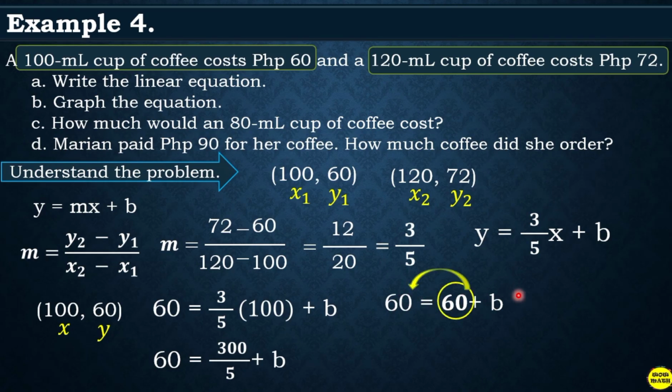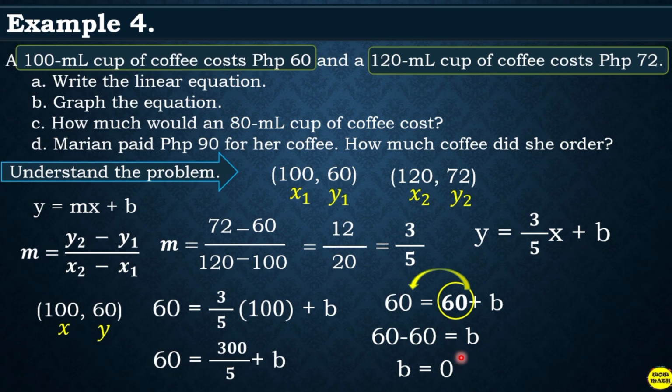If we move this to the other side, since we're going to combine both constants, we now have 60 minus 60 is equal to b. And 60 minus 60 is equal to 0. So therefore, your y-intercept is equal to 0.